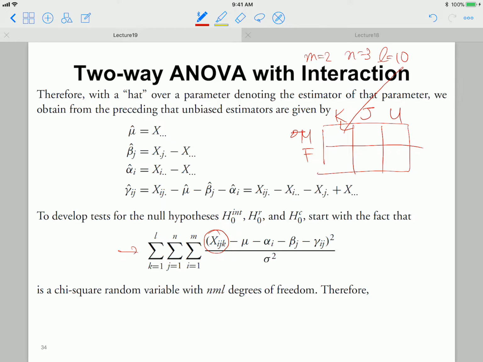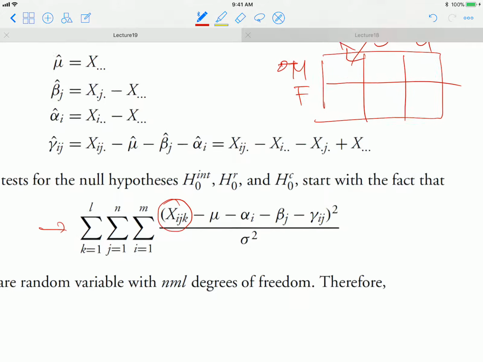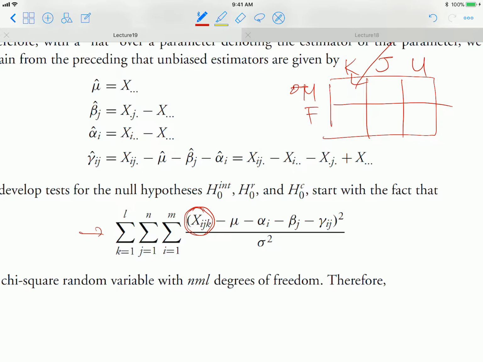And then in terms of estimating sigma squared by using the first approach, we have this measure. If I was 1, J was 2, and K was maybe 5, corresponding to this cell we will have 10 different observations, and we obtain the 5th observation within that cell. That is the meaning of this. This has the true mean, mu plus alpha i plus beta j plus this interaction term.